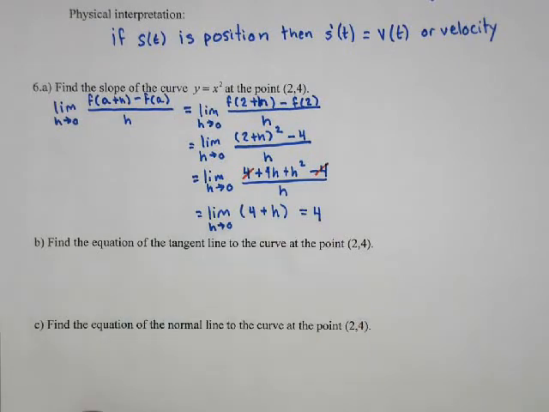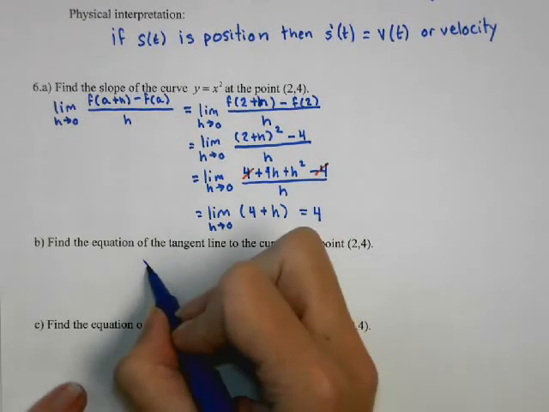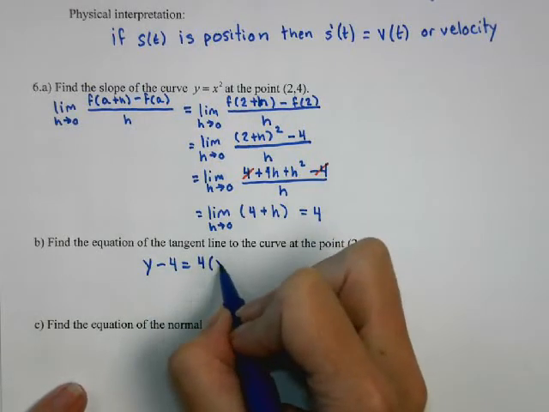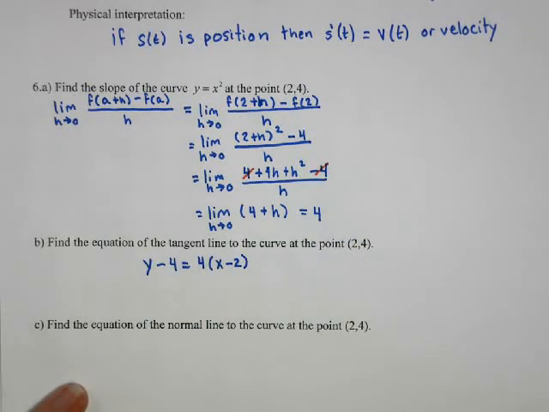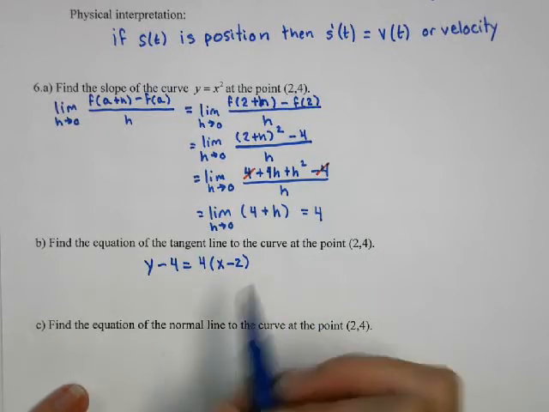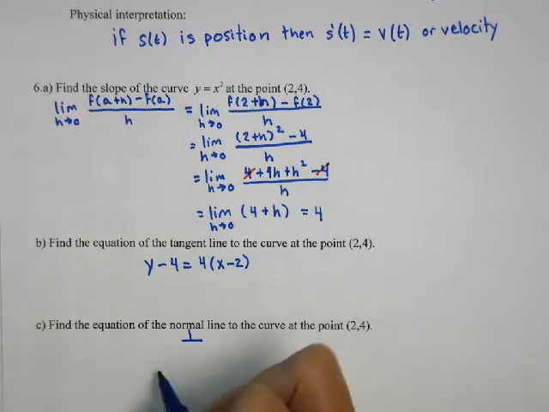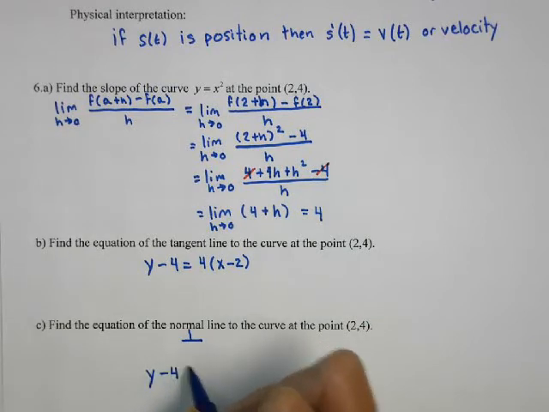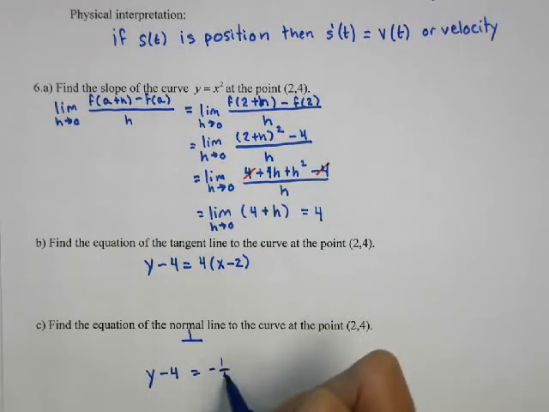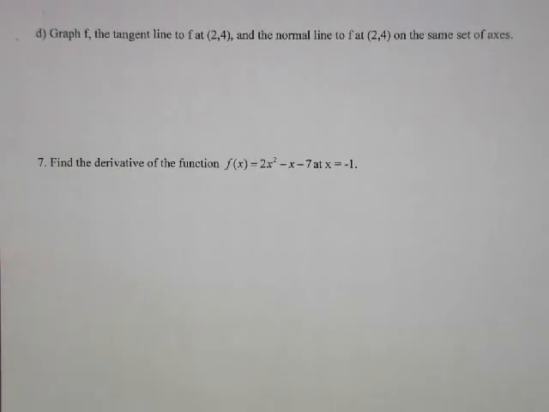For the equation of the tangent line, I'm again using the point slope form. So we're going to have y minus 4 equals my slope 4 times x minus 2. The equation of the normal line, that's a line that's perpendicular, is going to be y minus 4 equals, we'll do the opposite reciprocal, so negative 1/4 times x minus 2. Okay, and then we're going to graph.